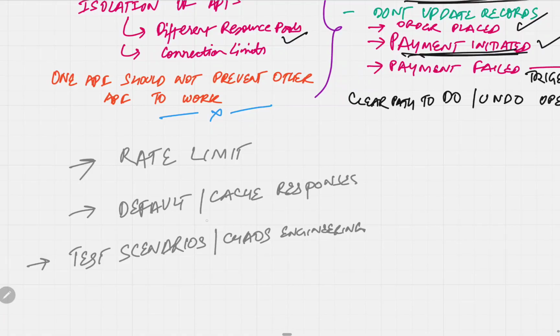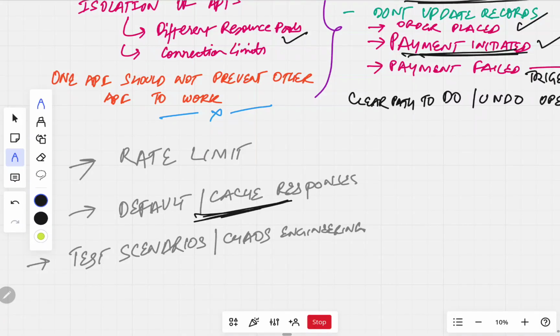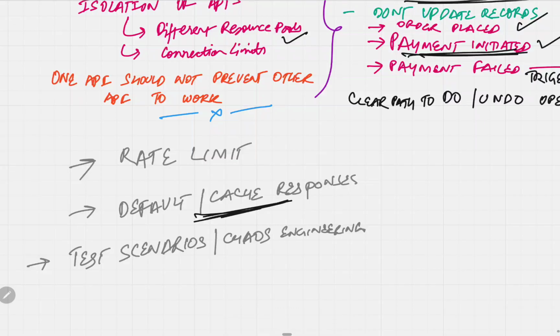Cache responses. Suppose an API is failing, but you can still have some default or cached response. Like you may have a list of iPhone models, which will not change overnight. Whenever you have an API endpoint giving the list of phones, you can have it cached.